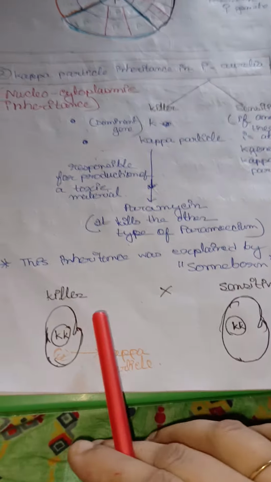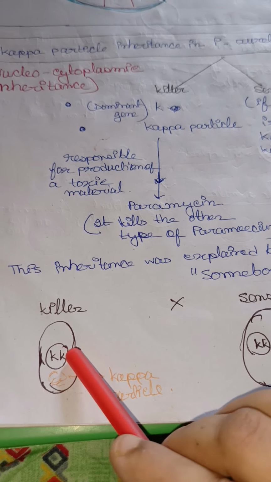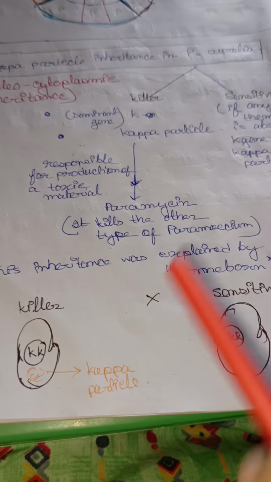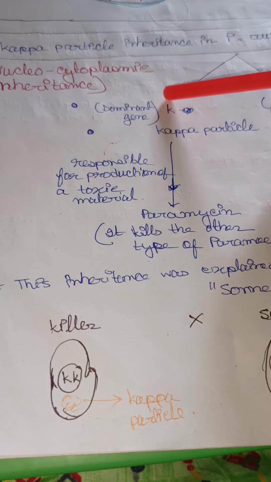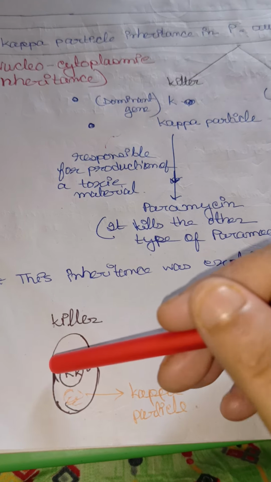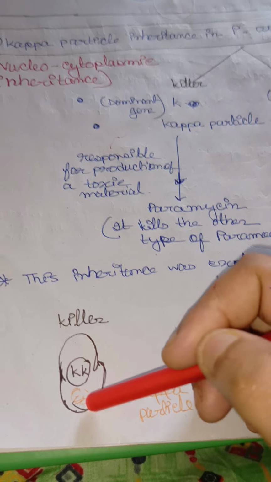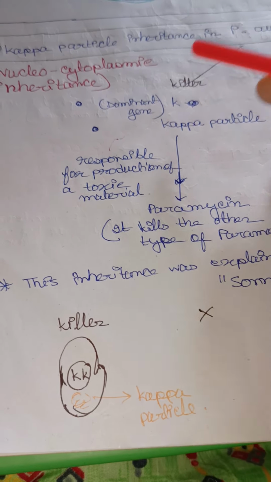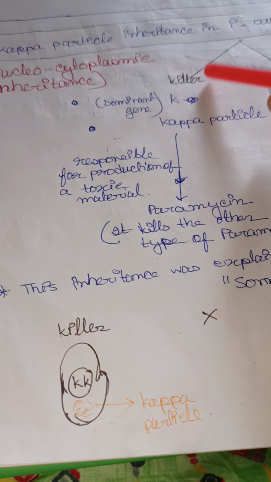Now, in the lab, when we cross a killer strain with a sensitive strain, what happens? The killer strain, as I told you, has the K gene and the kappa particle. The K gene is in dominant state, so big K, and the kappa particles are present in the cytoplasm, because both have to be present for the killer strain.